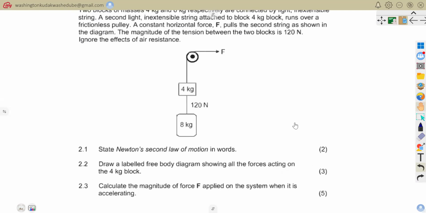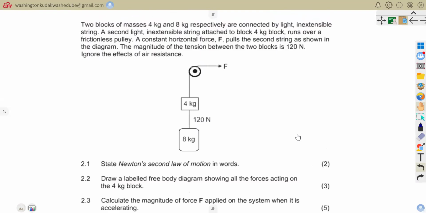I would have used the other space, but I just want us to be near the diagram. So first and foremost, we have to look into the forces that are acting on the 4 kg block and also the forces that are acting on the 8 kg block. And then we determine the net force that is acting on the 8 kg and also the net force on the 4 kg. That is the only way we can later determine the applied force when the objects are accelerating.